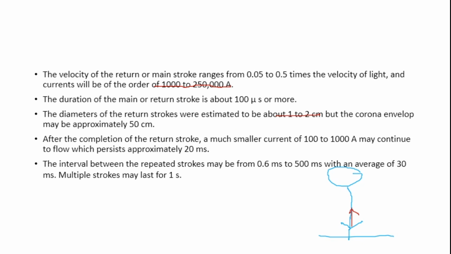If you consider the total area of the cloud, its radius varies from 200 meters to around 10 kilometers. What is responsible for making the corona envelope, which is estimated around 1 to 2 centimeters, means a very small amount of contact which will lead to the point of discharge between the cloud and the ground.